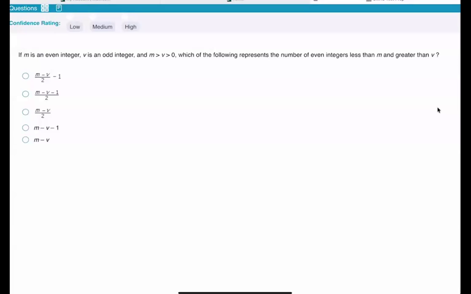I could use 0, since 0 is an even integer, but it's a bit dangerous here. And v is odd, so v is 3. I cannot use that. So can I put 1, 2? Which of the following... It's not on the screen here. Oh, technology.